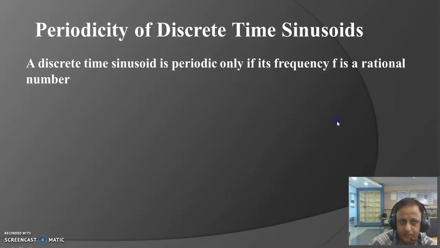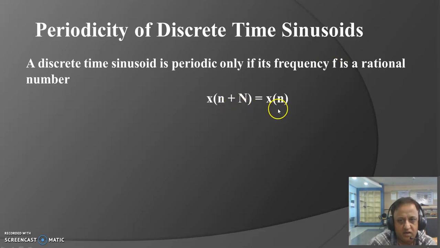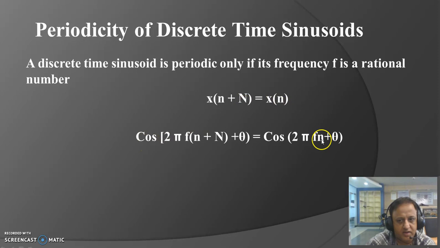Now, periodicity of discrete time sinusoids. A discrete time sinusoid is periodic only if its frequency f, observe that I'm using small f, so here we are talking about the digital discrete time signal, satisfies x of n plus N equals x of n, where N is the period. That means the signal should repeat itself after an interval N. Take the simple example A cos of 2 pi f n plus theta, which becomes A cos of 2 pi f into n plus N plus theta.